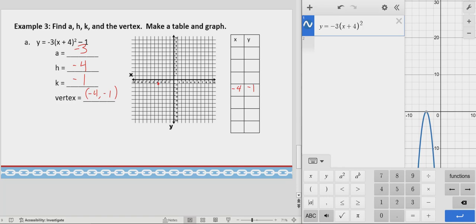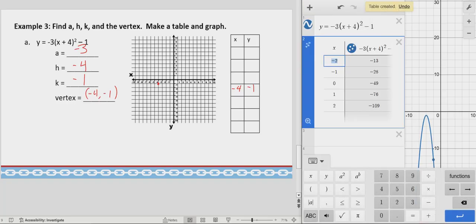squared minus 1. So I can add a table of values by clicking into my equation and then hit the gear, and then I hit the table. And then this gives me a set of values here that I can use to graph. So I'm going to have to re-enter these though, so that I'm working on both sides of the vertex.